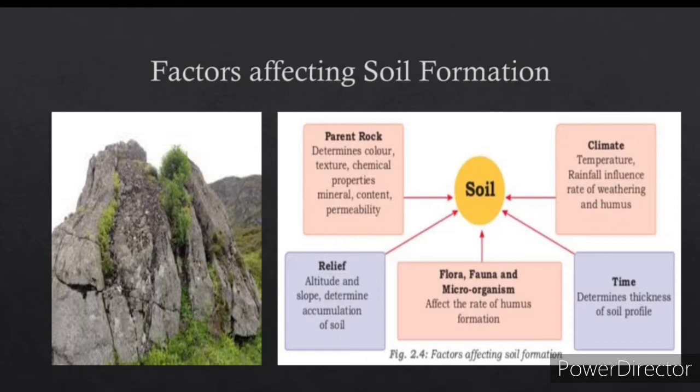Then the climate: temperature and rainfall influence the weathering and the humus. Altitude and slope determine accumulation of soil. Flora, fauna and microorganisms affect the rate of humus formation, and time determines the thickness of the soil profile.